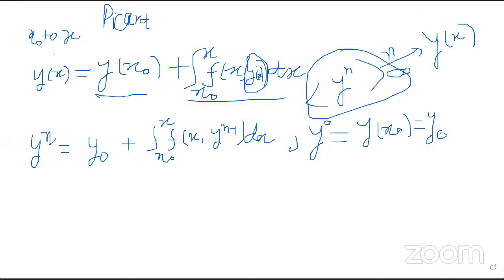So basically, what we are doing, we are approximating the function f(x, y(x)) by another function in the interval x naught to x. Am I right? Or if we just come back to the Taylor's method, what was the Taylor's method basically?